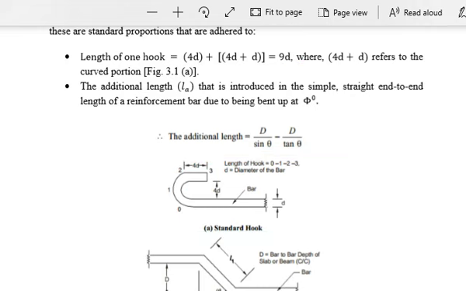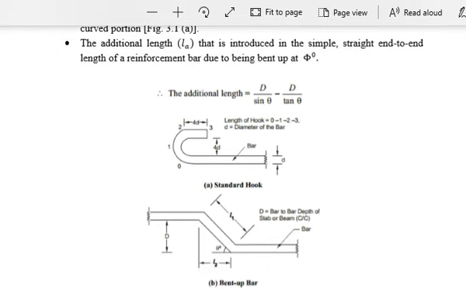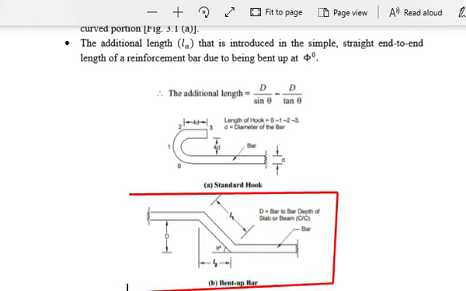Now come to this bent. See this bent over here. So how do I calculate?